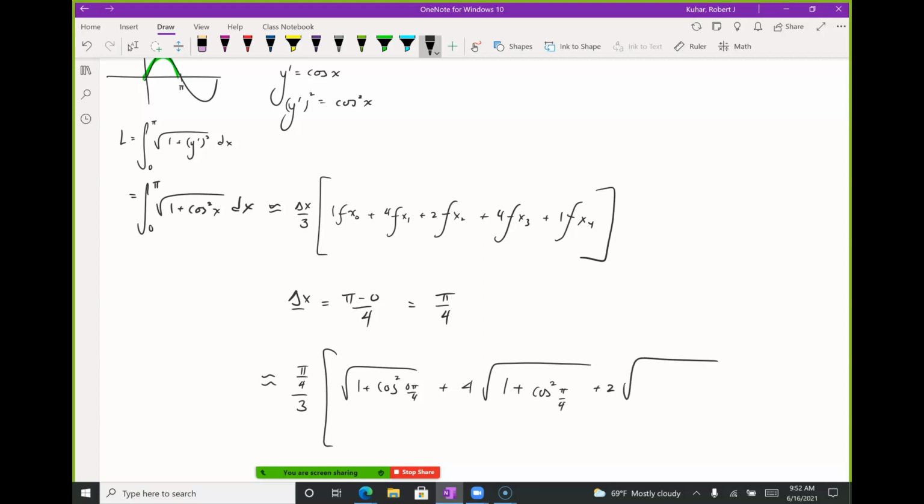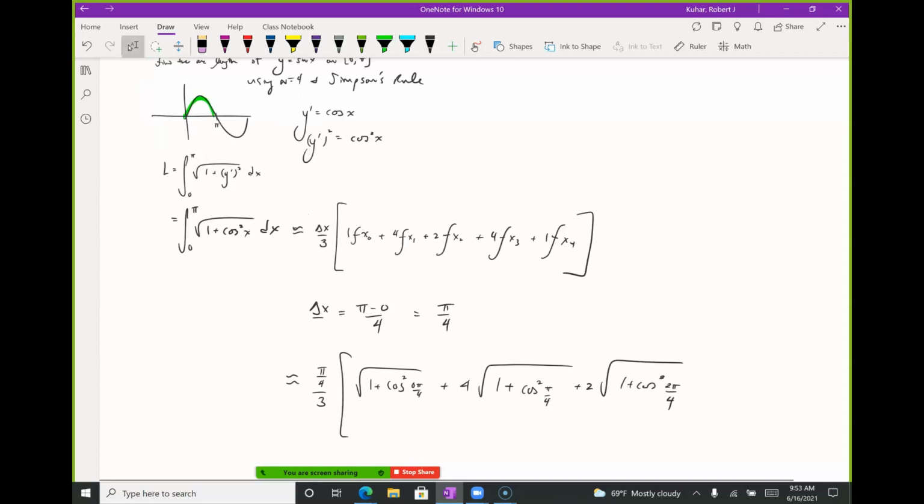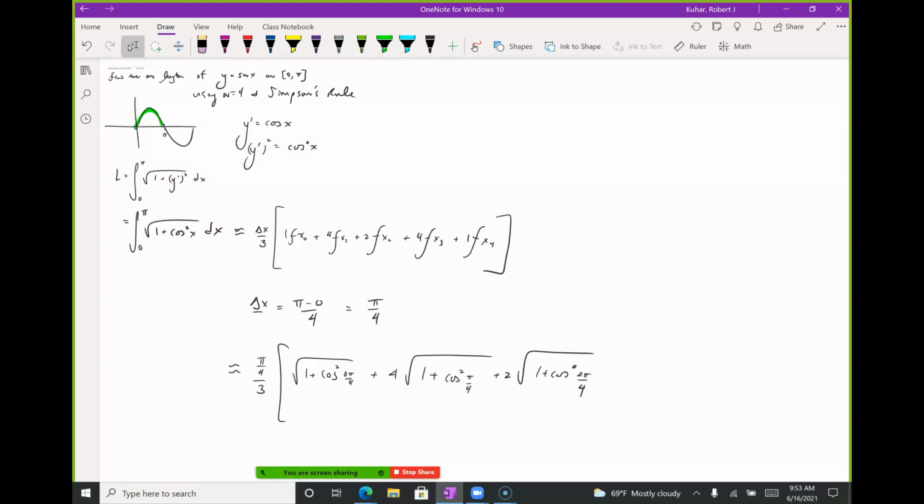Plus 2 times square root of 1 plus cos squared of 2 pi over 4. And some of these will go away, which is nice. Plus 4 times square root of 1 plus cos squared of 3 pi over 4. And then 1 times 1 plus cos squared of 4 pi over 4.